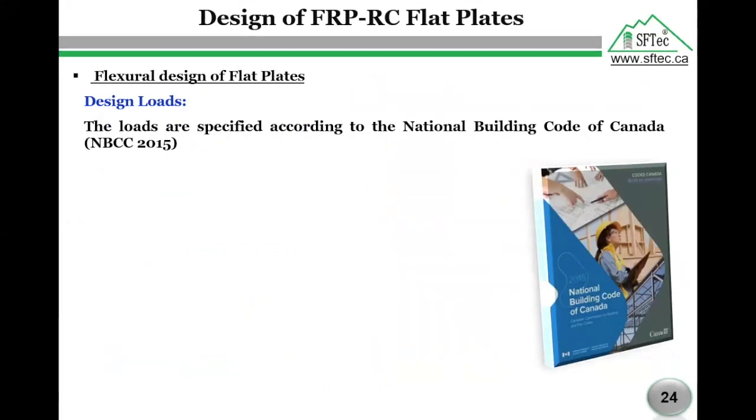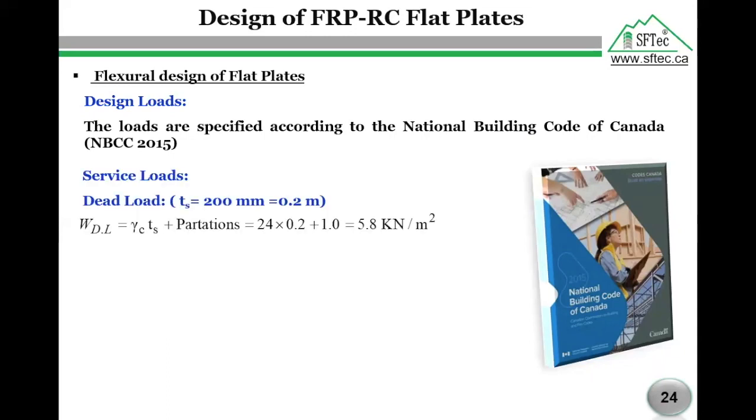The first step in the flexural design is to calculate the ultimate load. As I mentioned in the general issues, the loads are specified in the Canadian standard S806 according to the National Building Code of Canada. We are going to calculate the service load and then the ultimate loads. The dead load is simply the weight of the concrete plus the partitions.